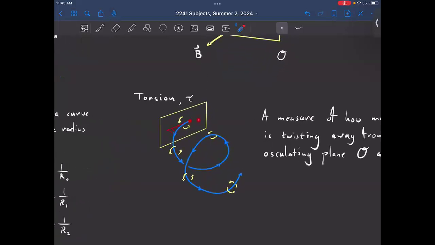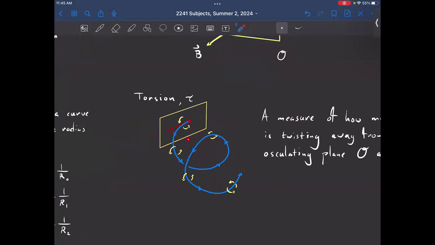So if you have some random curve in the plane, but then you take a point on the curve and you start to match its travel very close to that point, and you use that to draw a helix, however tight that helix is, that's the torsion, to measure how quickly you're moving away from this plane.